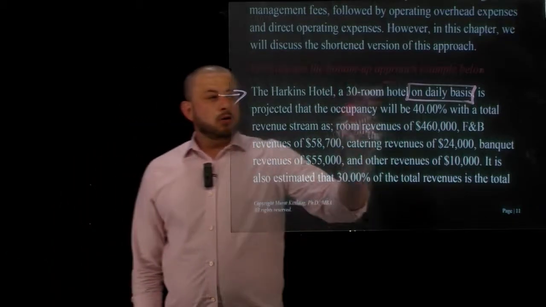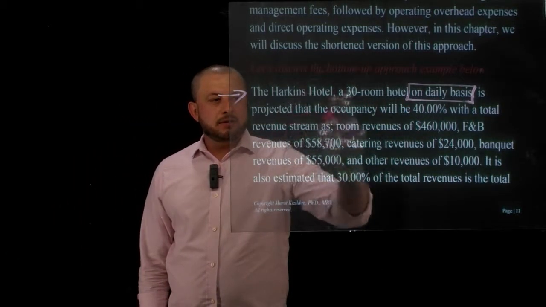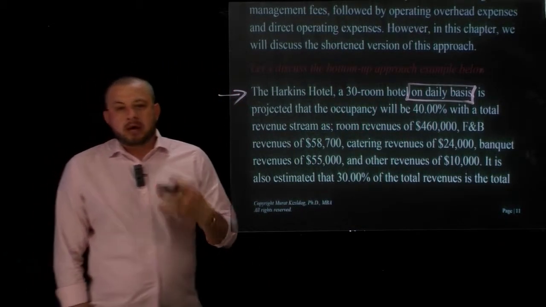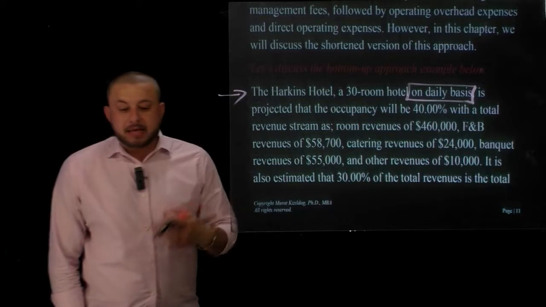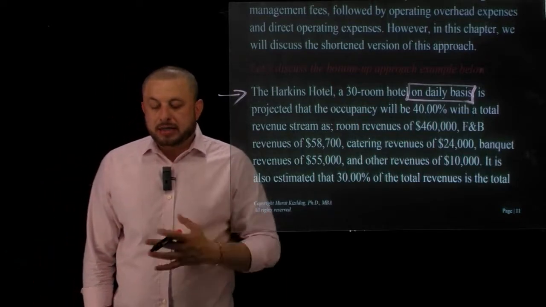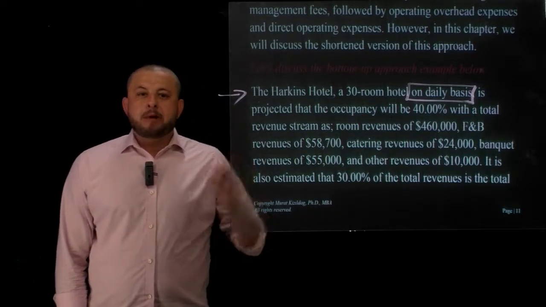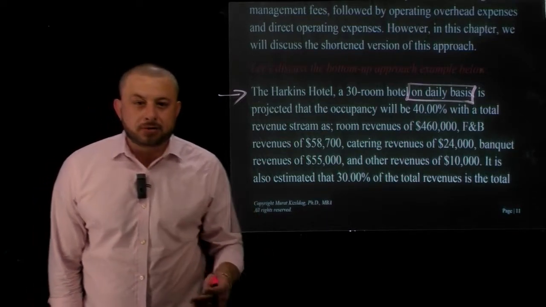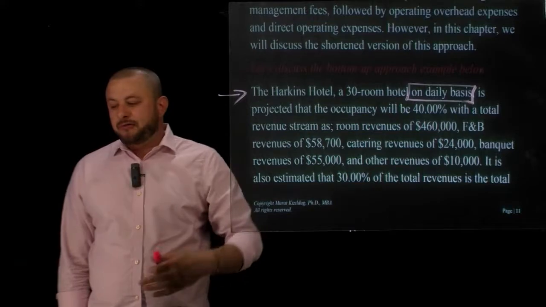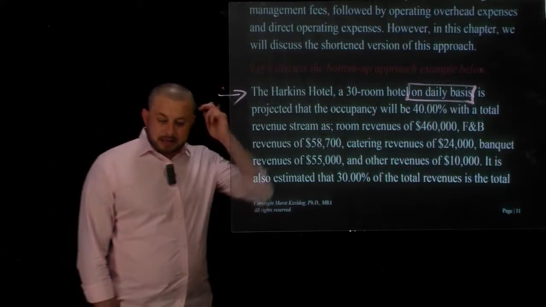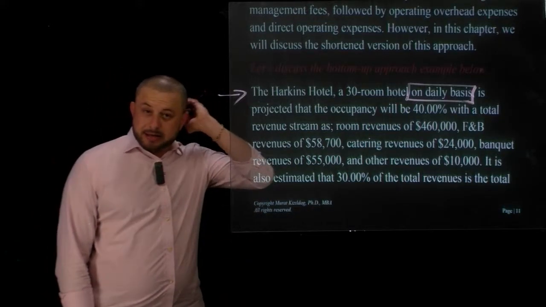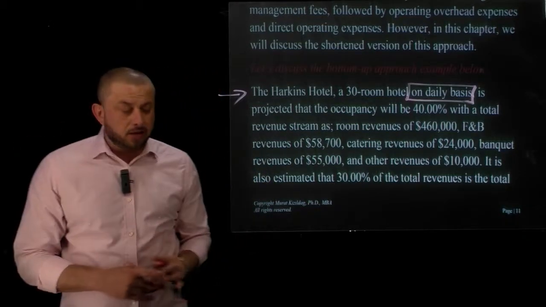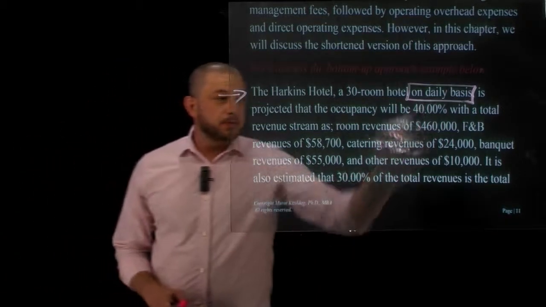For example, on a daily basis, Harkins Hotel has 30 rooms, but what you need to solve for might be an annual case, an annual adjustment, or monthly figures. Please be careful about the different time frames, because you might need to adjust daily values to monthly or monthly values to annual values. Therefore, different time frames become important.